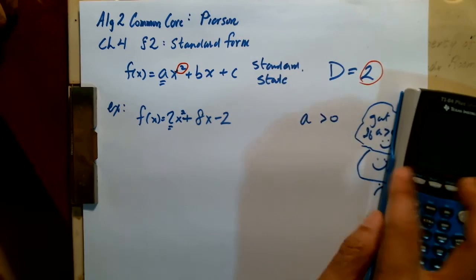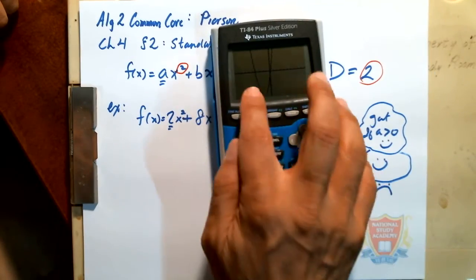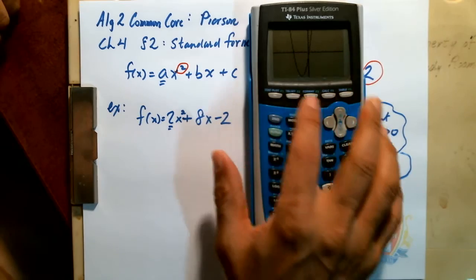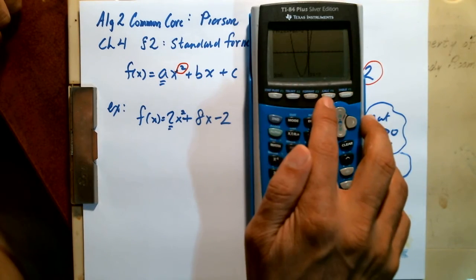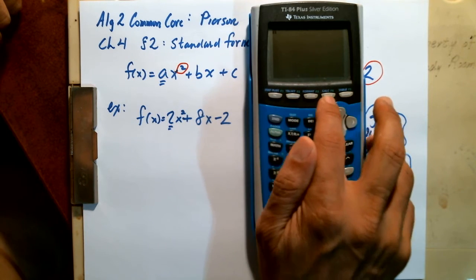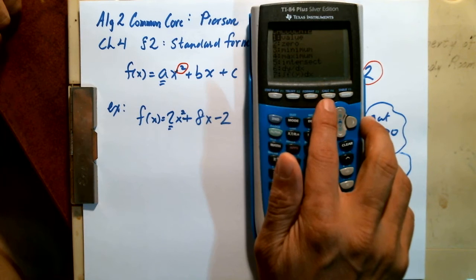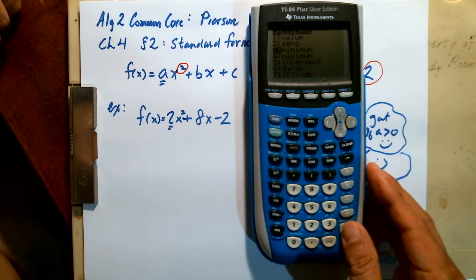It looks kind of like this. We know that, wow, it opens up, right side up. And to figure out what that vertex is, you have to go to calculate. Sorry about that. You have to go to second, calculate, and then calculate right here. And what you want to find is the minimum value, right?